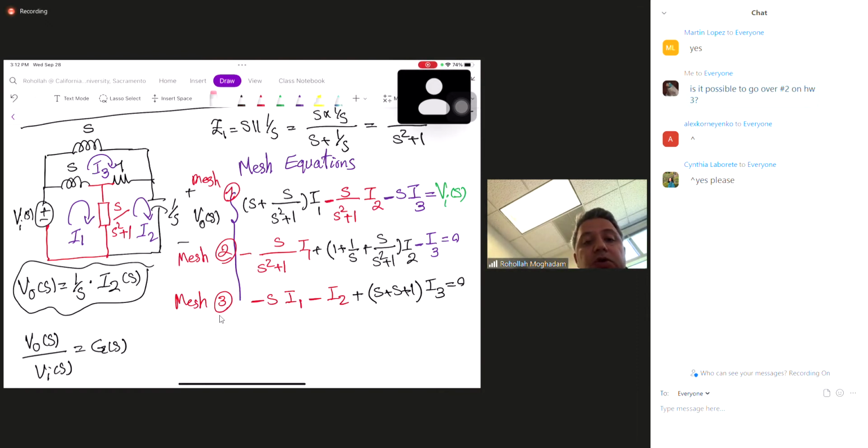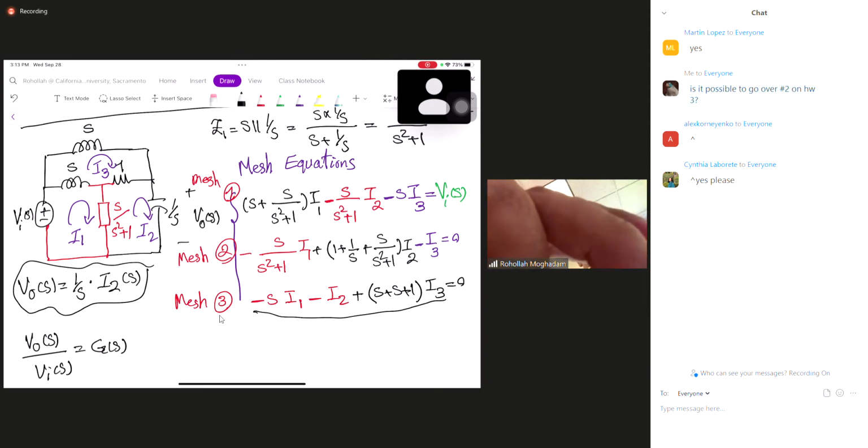So from this equation, you can find the I2 with respect to I1 and I3, okay? And then put it in equation 2, and then find a relation between I3 and I1, put it in the first equation, and then write an equation with respect to I3, find with respect to I1, and then find with respect to I2, all right?